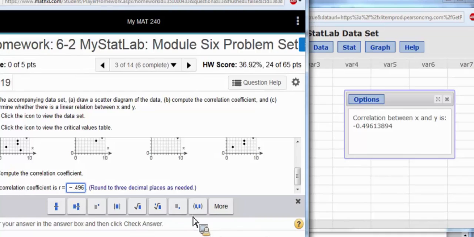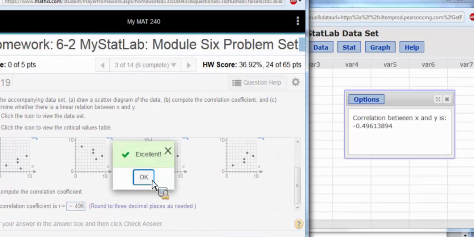Just copy the 3 decimals off of StatCrunch. So hopefully you're enjoying the use of StatCrunch or Excel. We're keeping the amount of hand calculation down in this course so we can try to emphasize the interpretation a little bit more. So that's excellent.